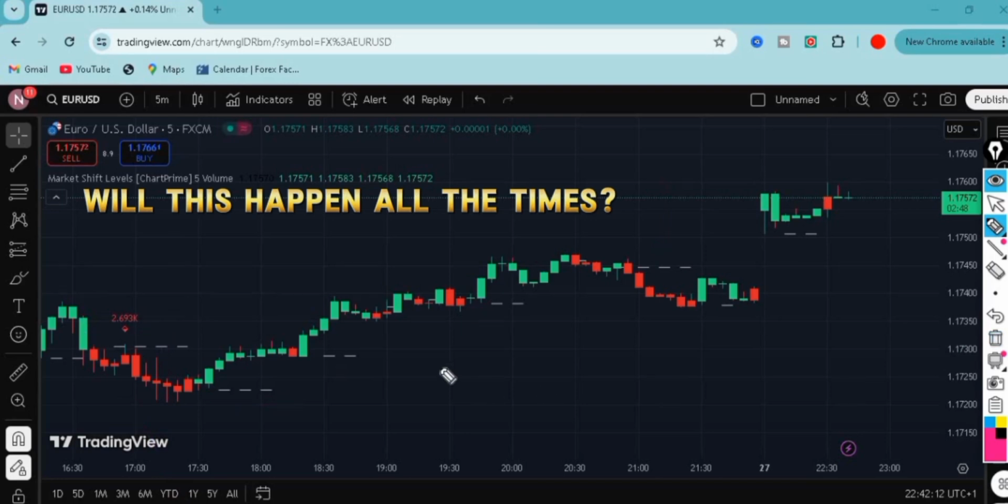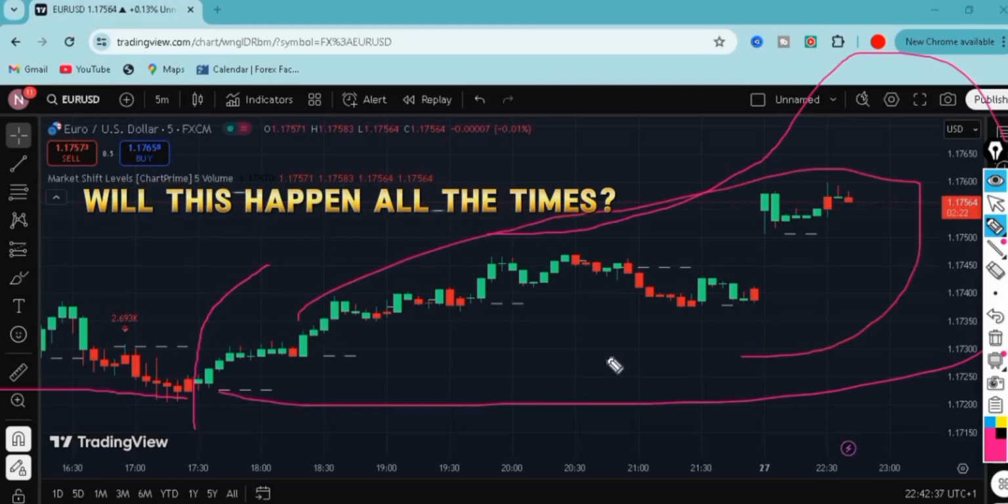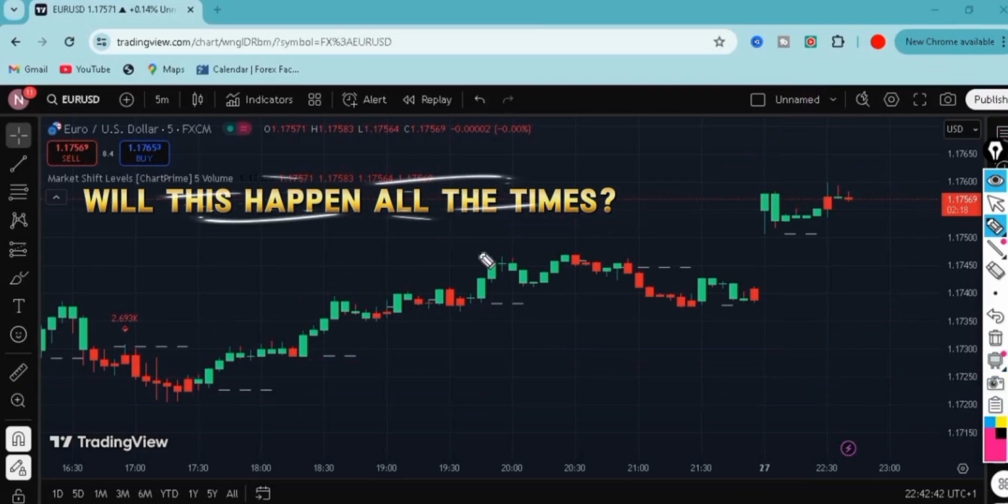And the answer is no, simply because from this level up to our live market right here, we haven't seen any volume. Therefore, that simply shows if you are waiting for that volume so that you can execute your buy order, you can lose your trade, or rather you can be in big losses right now, or rather you will have blown your account, because don't joke with this crazy movement right here.